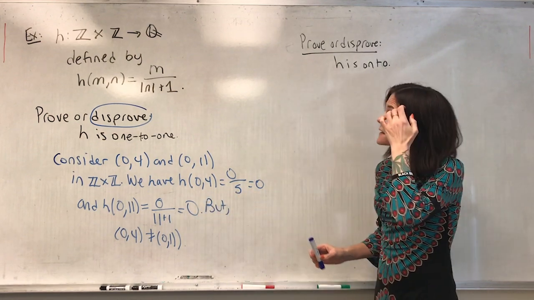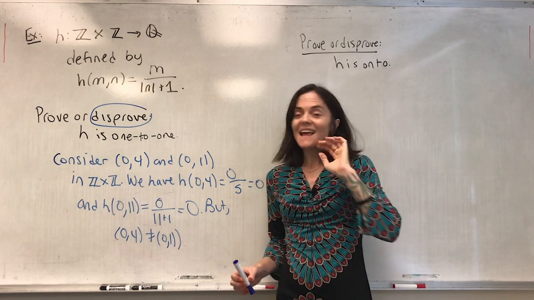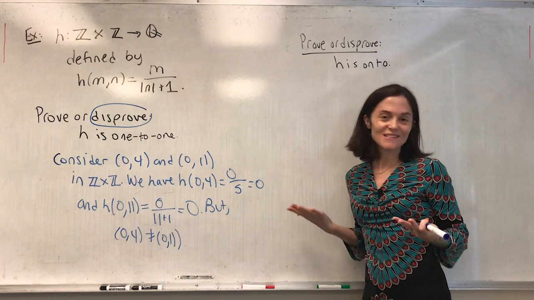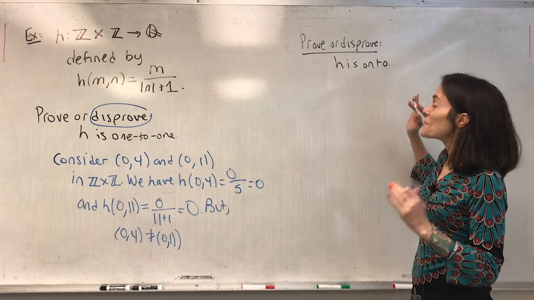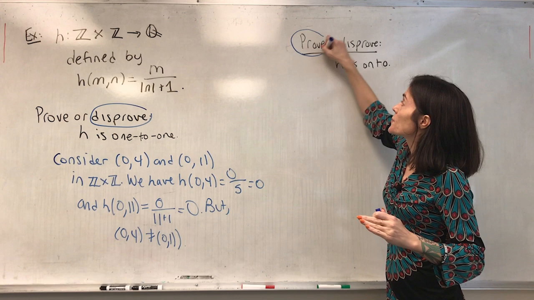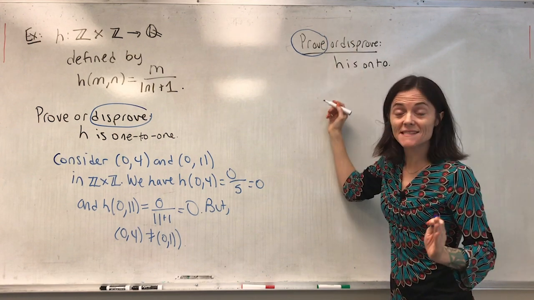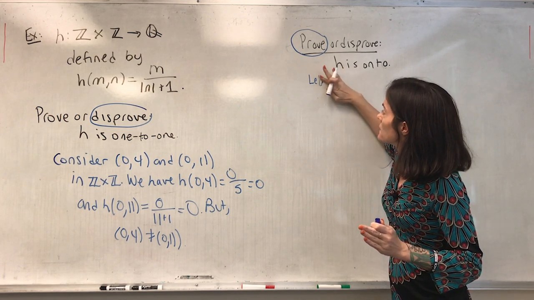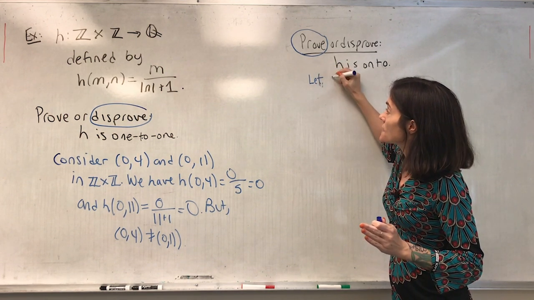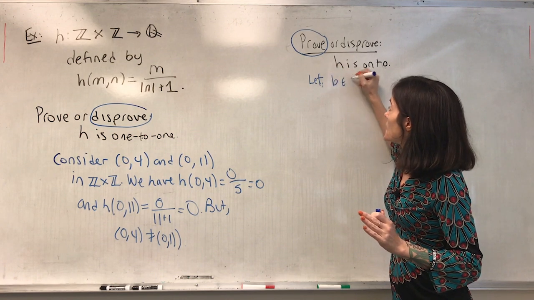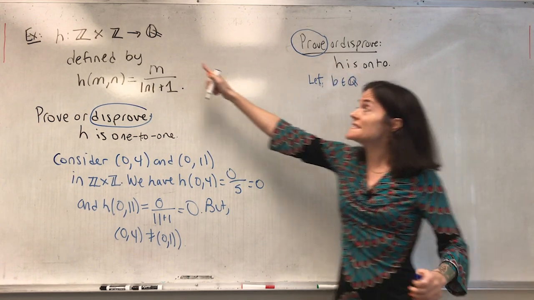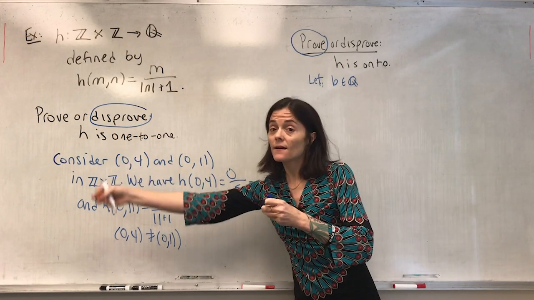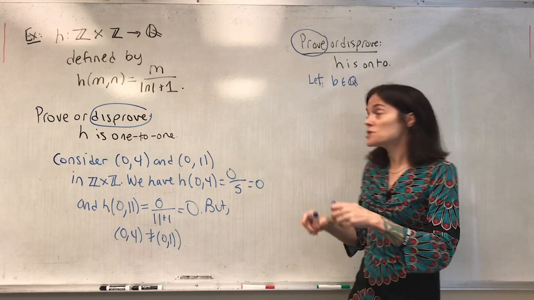Okay, now what about H being onto? This, in fact, is onto, and this might be a little tricky to think about, but it's good to do this one. How do we prove something is onto? This will be a proof. Well, we always start the same, as I mentioned. Take an element, let's say B in Q. You always take something over here in the codomain, and then we must find an element in the domain that maps to it.